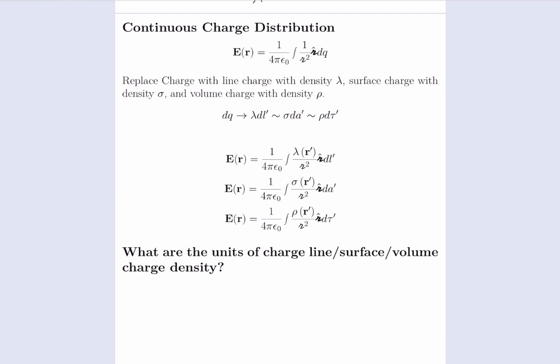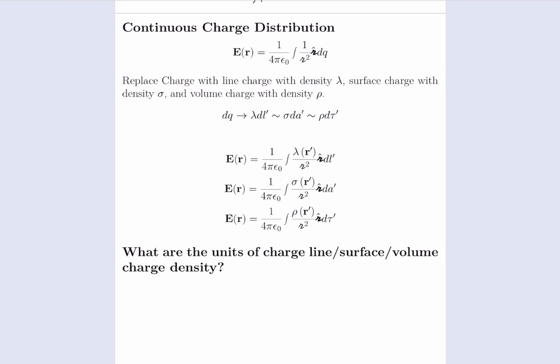We can generalize this point charge to a charge distribution. In mathematics, as long as the function is smooth, we can transform a discrete sum to an integral, right? We can do the same thing by changing the sum of the charges to an integral of the charges.